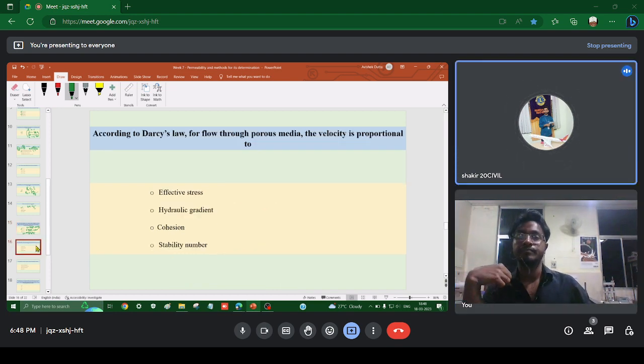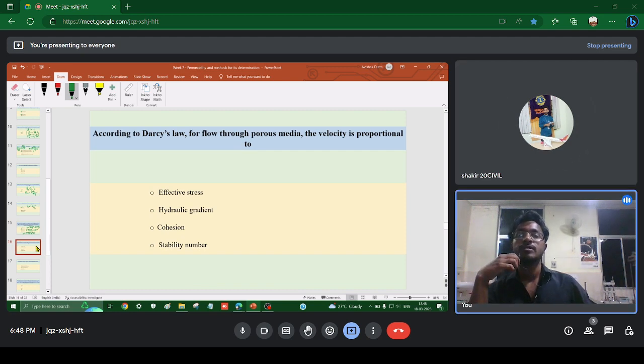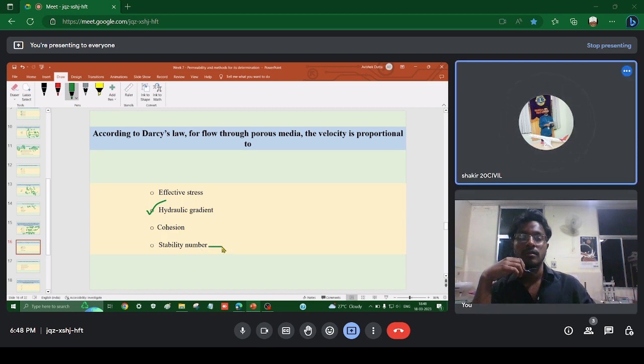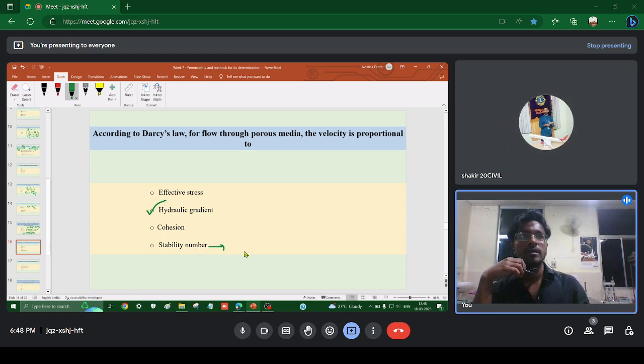Next question. This is a very easy question. What is the answer? Velocity is proportional to hydraulic gradient. Yes, hydraulic gradient. Others have no relationship with the velocity. What is stability number? Do you know stability number? No, sir. I don't think stability of slopes is there in the syllabus.